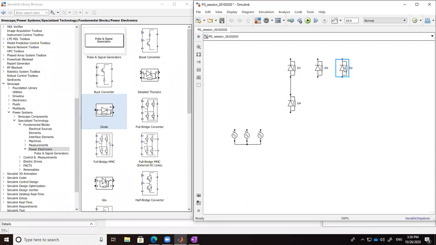Here it's going to be D5. So the naming is like this: D1, D3, D5. Then just below this we have D2. Then there is D4. And here we have D6. And I'm going to connect all of them.